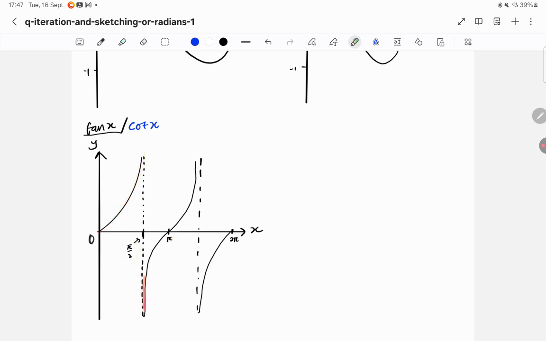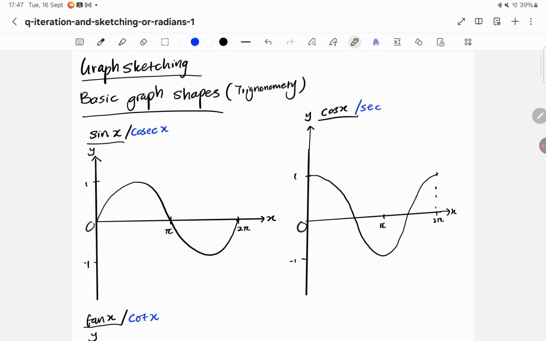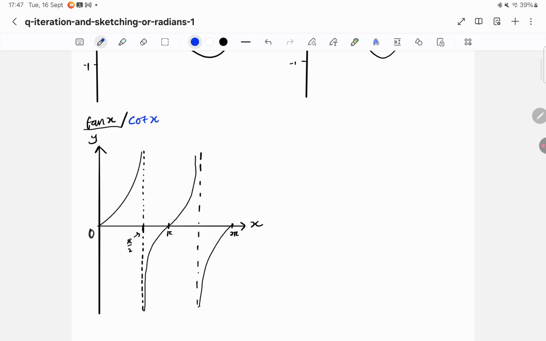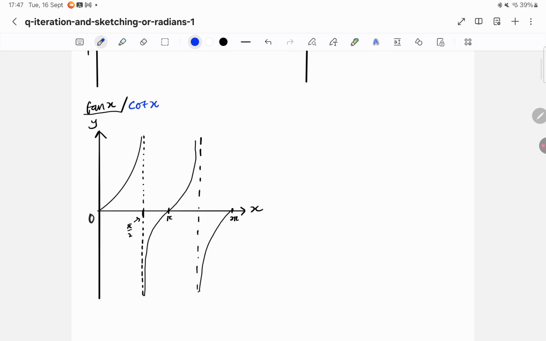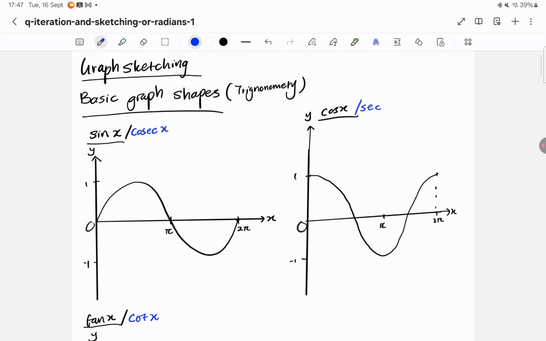Then it starts again to pi, intersects at pi, all the way to 270, where it's infinity again, and then it finally comes back and intersects at 2 pi. I hope you have a good grasp on these basic graphs.